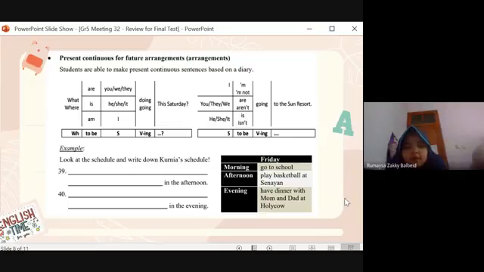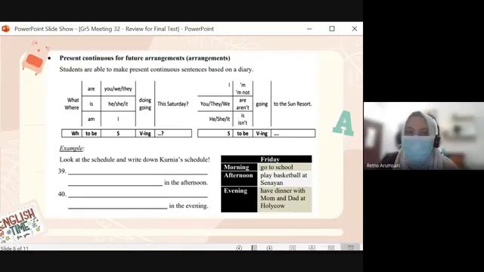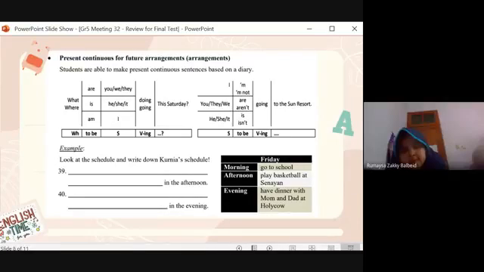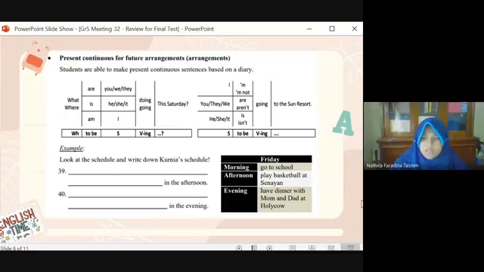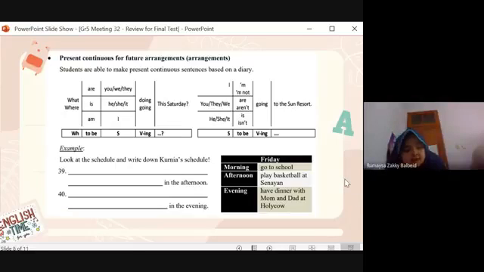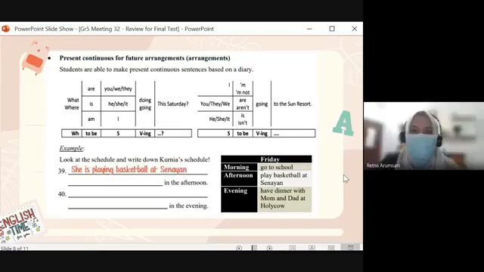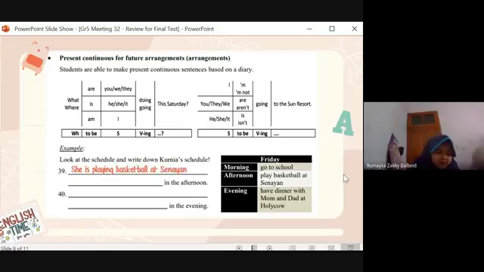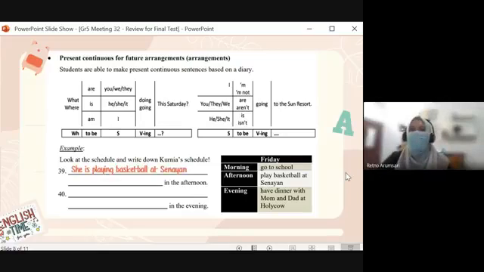She is playing basketball at Senayan in the afternoon. That's right. Copy that, 5D. She's playing basketball at Senayan.